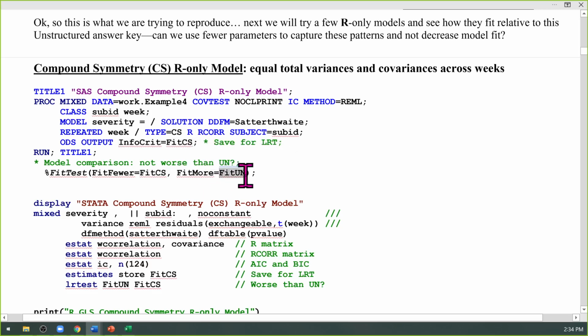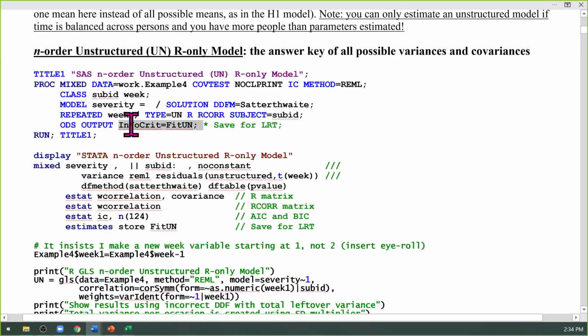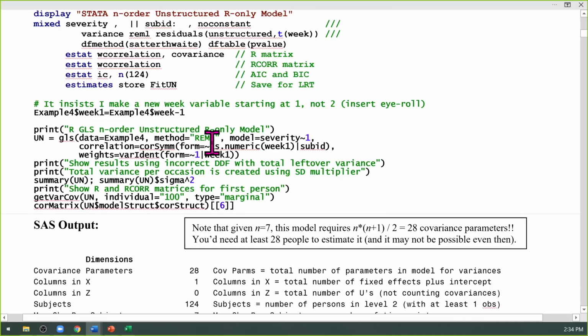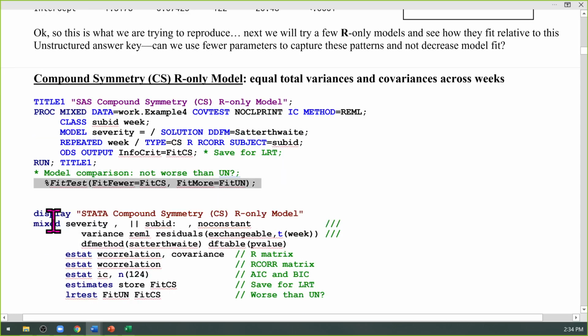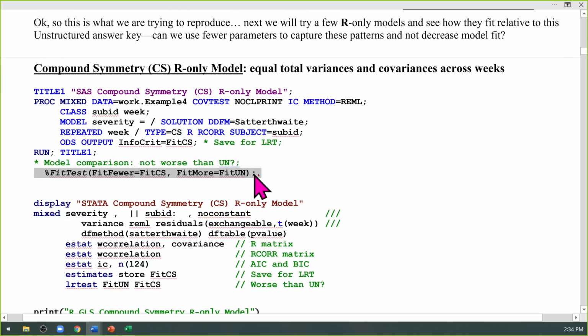Whereas fit UN was the same table that had been saved up above for the unstructured model. So if you want to use my macro in SAS, you just have to add this line of code to save the results from the model that you want to be used in the comparison, and then refer to that inside this command. So the %sign fit test invokes the program that I wrote using these 2 pieces of information as part of it.